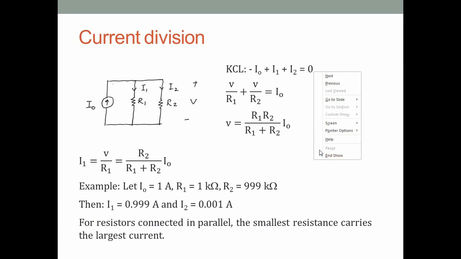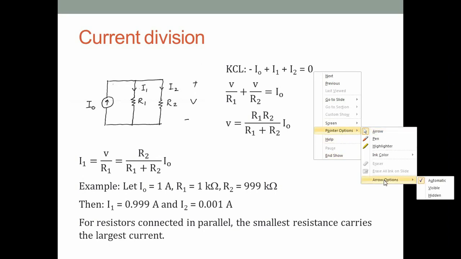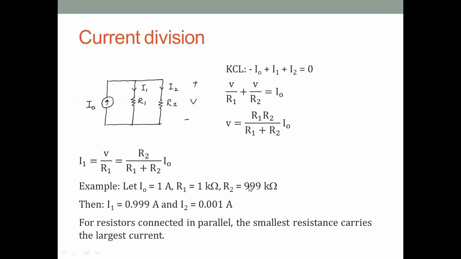So let us say these resistances are 1 kilo ohm and 999 kilo ohms. Alright, so then I1 will be 999 divided by 1000 into I0. I0 is 1, so it will be 0.999 amperes. I2 will be R1, which is 1 divided by 1000, so 0.001 ampere.